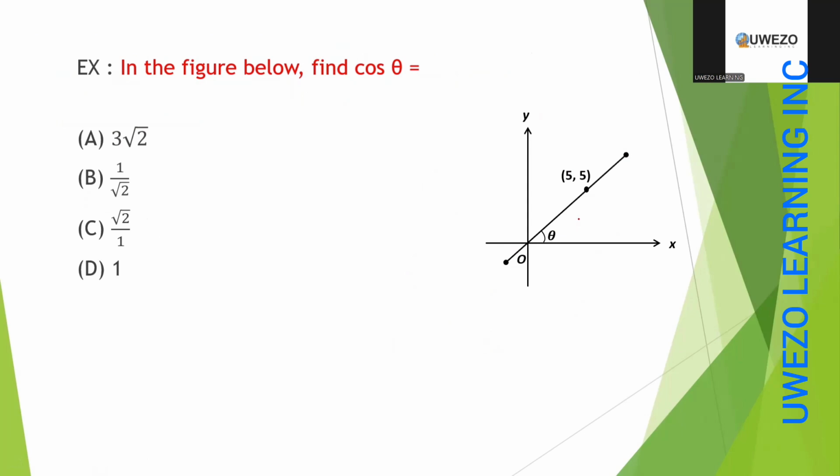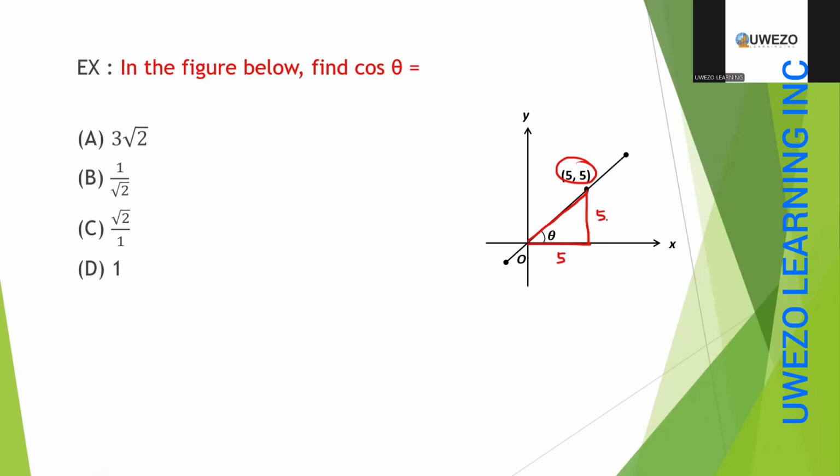Similarly, to find cosine in the quadrant plane, first we need to complete the right triangle. So this is a right triangle with base 5 and height also 5, which we get from these coordinates. And to find the cosine, we also need to find the length of the hypotenuse.